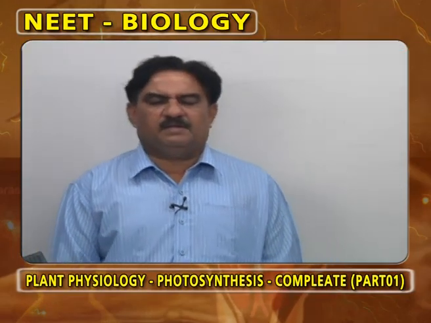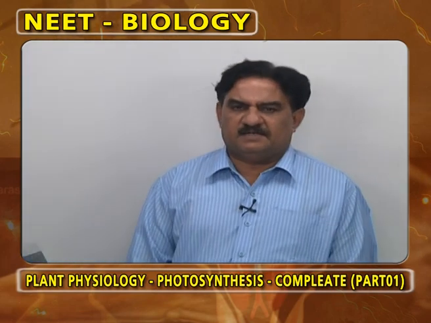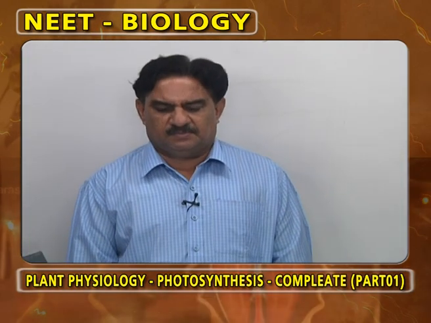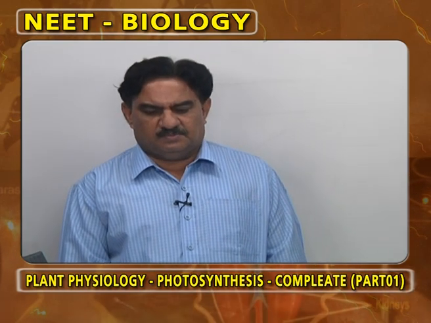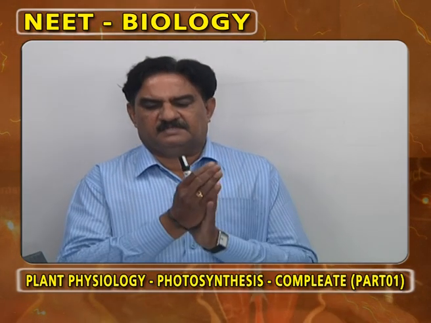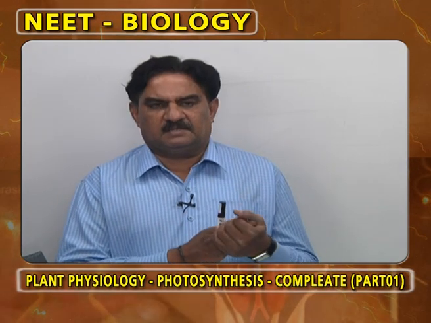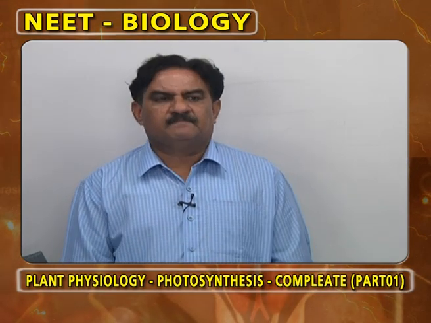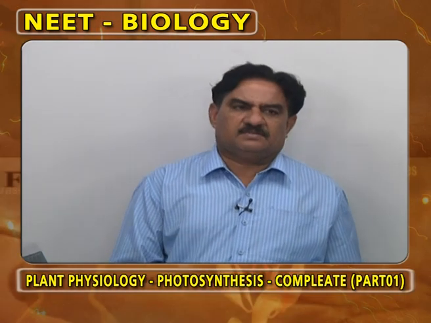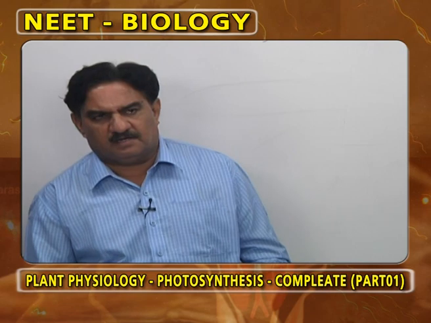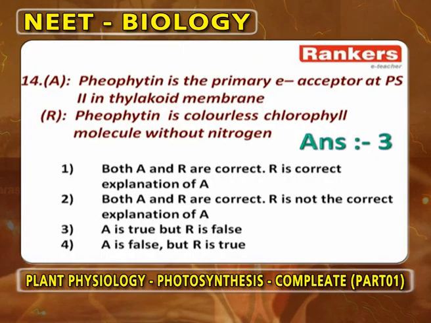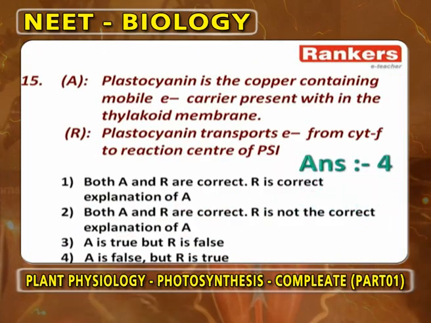Pheophytin is a chlorophyll molecule without magnesium; the central magnesium is replaced by 2 hydrogen atoms. So A is correct, R is false. That is option 3.